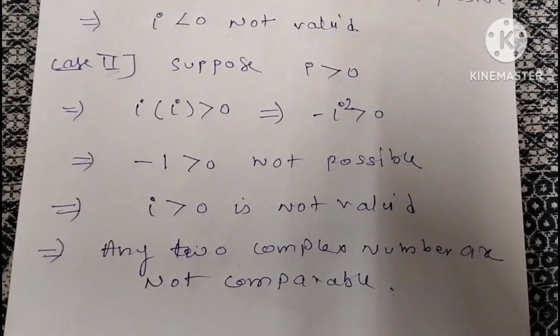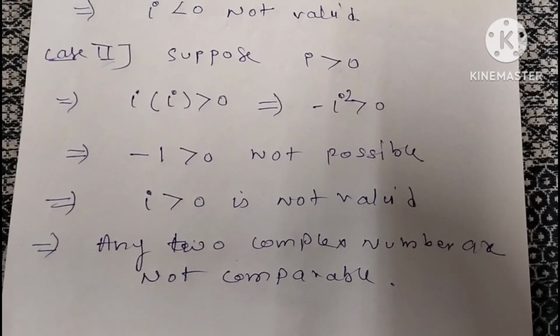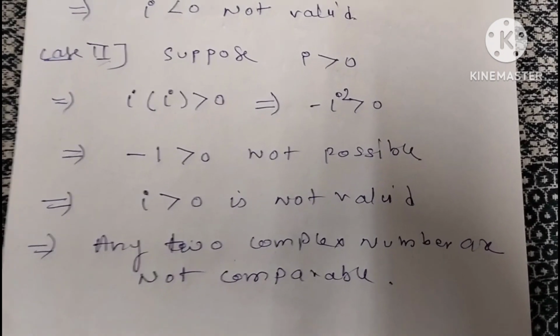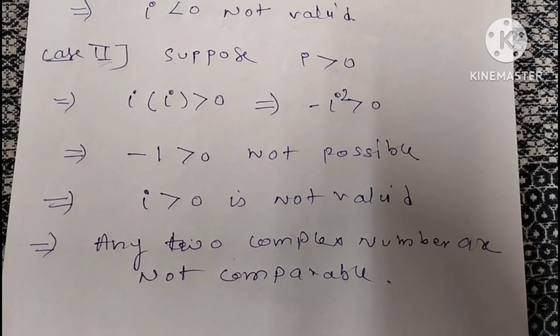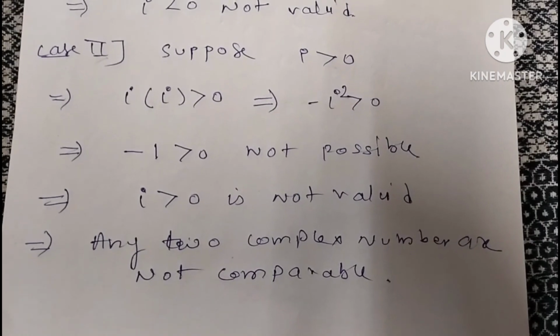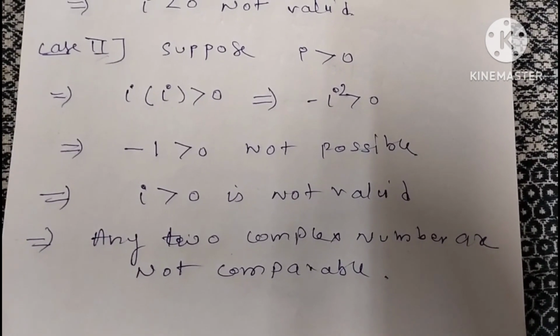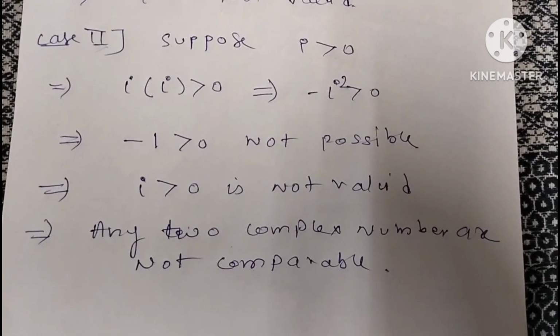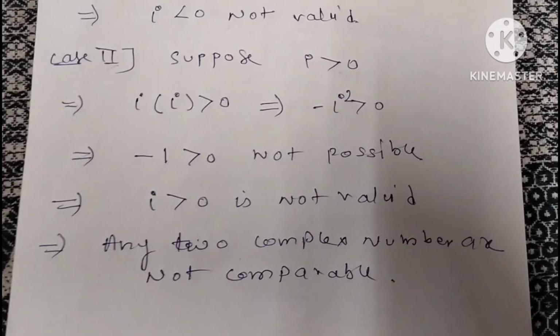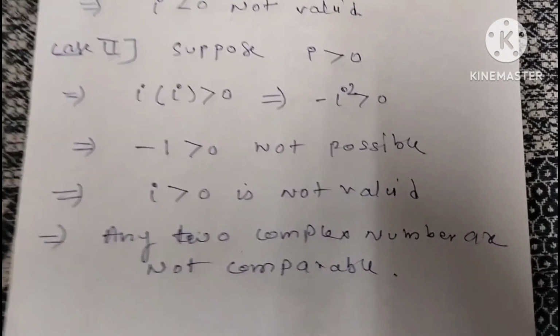And if I have to disprove something, that means if I have one counterexample and that counterexample is not valid for that statement, then whatever we are assuming is wrong. So this is another way of proving a statement.